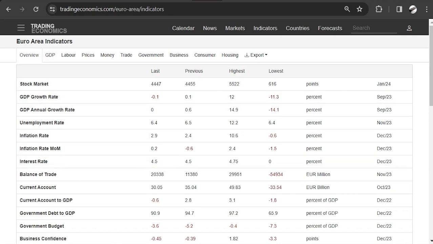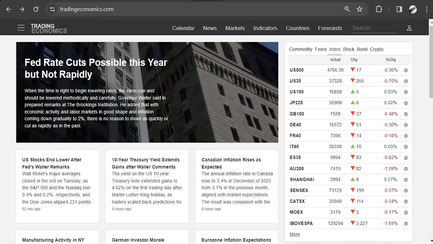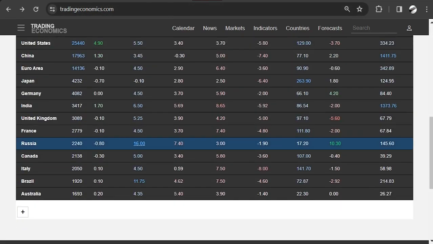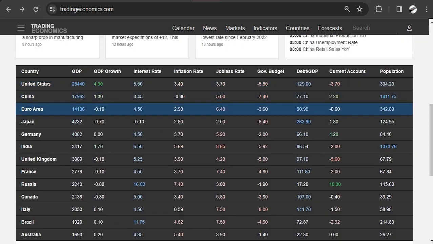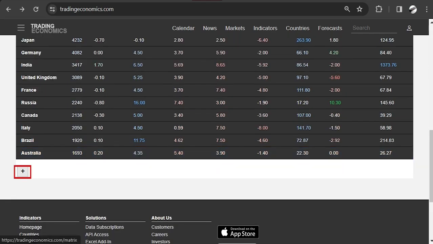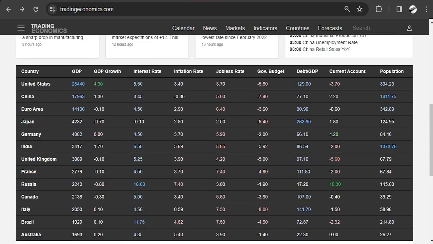Now let's go back to the home page, which is tradingeconomics.com, and scroll down to this section where we have countries. We can click on this plus to give us more countries below, or we can just make do with what we have here.